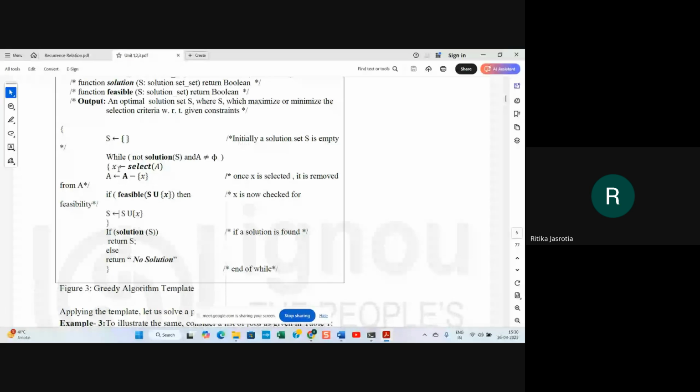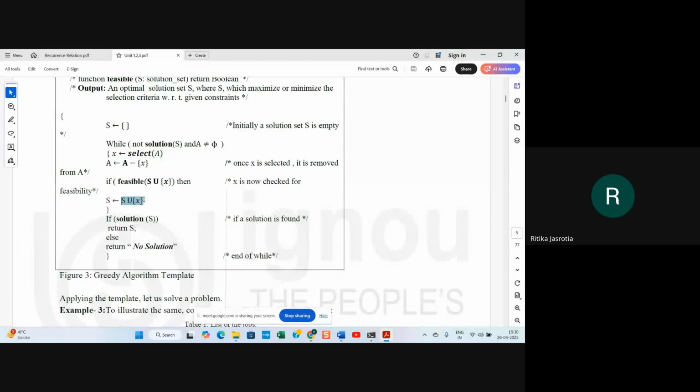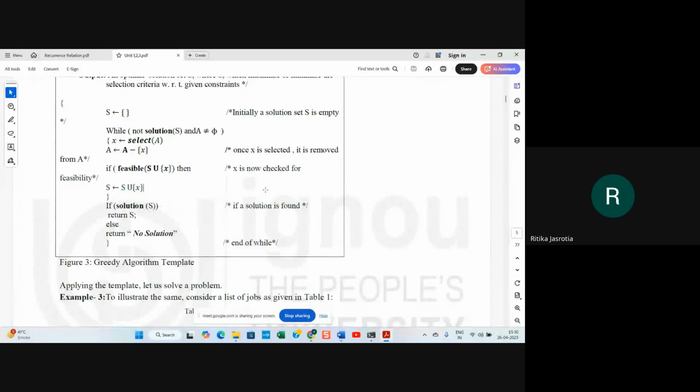Now whatever input you have selected in X, if feasible, S union X. If that input is, according to the condition, feasible, then you will put this X into the solution set S. You will keep on repeating this step.